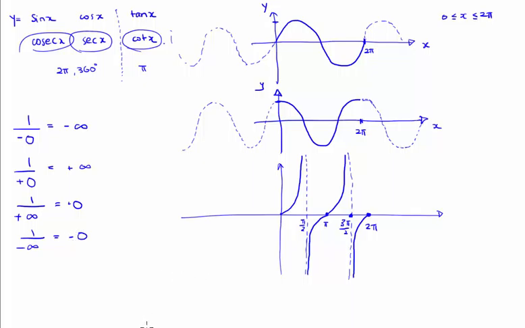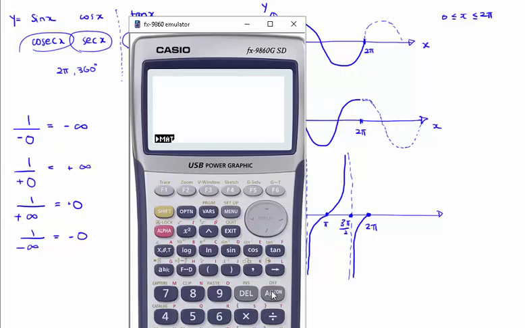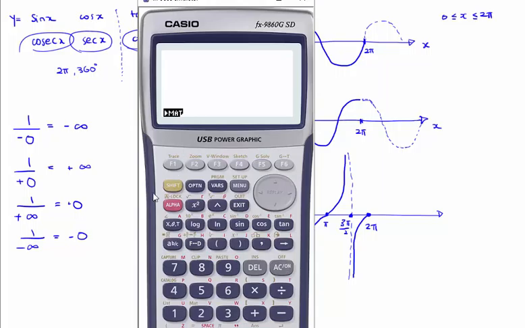Okay, I'm going to check that for you using my calculator right here. So, firstly, let's have a look at this one. 1 divided by a very small negative number. So, say -0.000000000000001, and you press enter. You get a negative 1 times 10 to the power of 13. So that's a very large negative number.